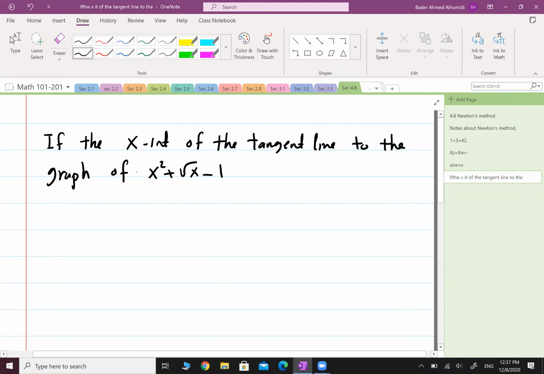This is f of x equal to this, is equal to 1.